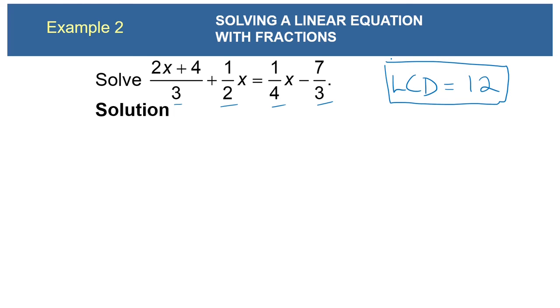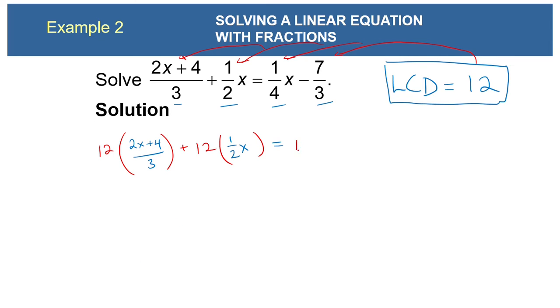I know 3, 2, 4, and 3 will all divide into 12, so that's a good choice for the lowest common denominator. What I'm going to do next is multiply that 12 to each and every single one of these terms. I'm going to multiply 12 times the first term, 2x plus 4 over 3. Going to multiply 12 times 1/2 x.